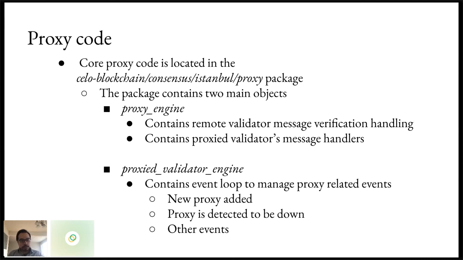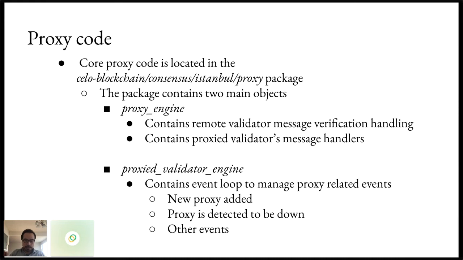And the other main object that this package implements is what we call the proxy validator engine. This object is created by all validators that are being protected by proxies.